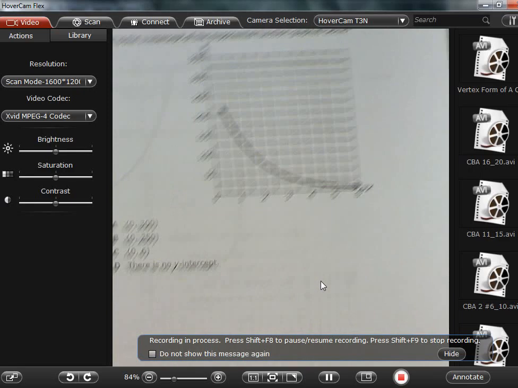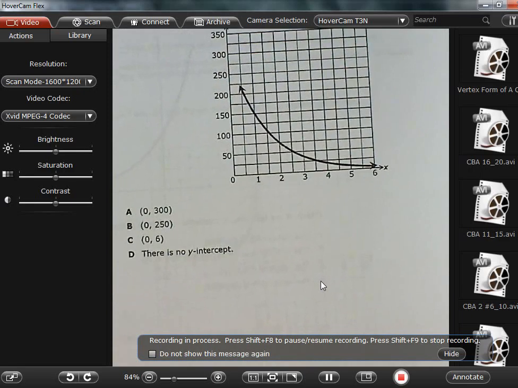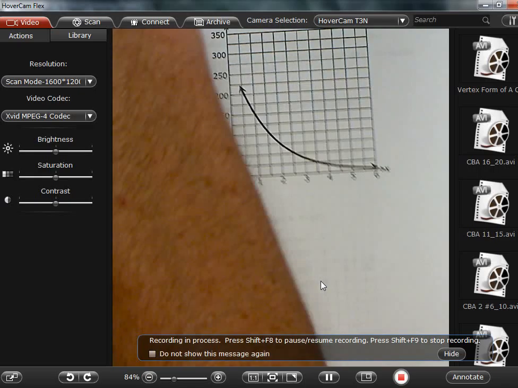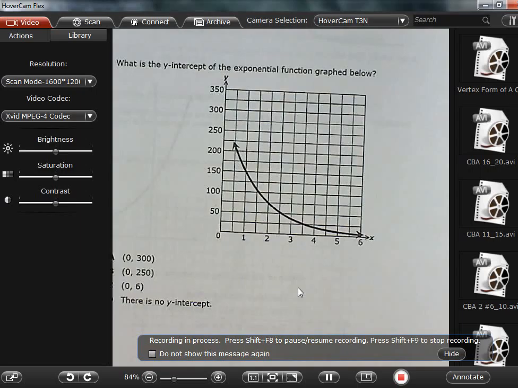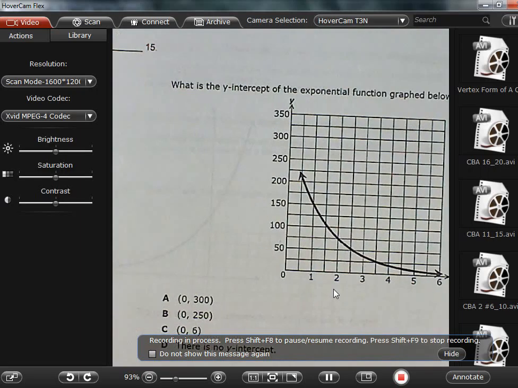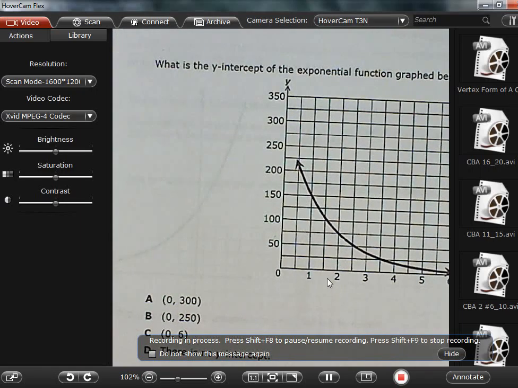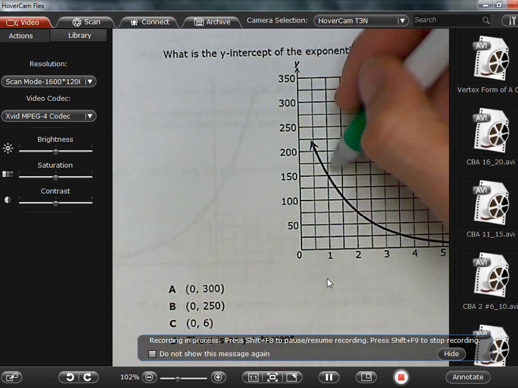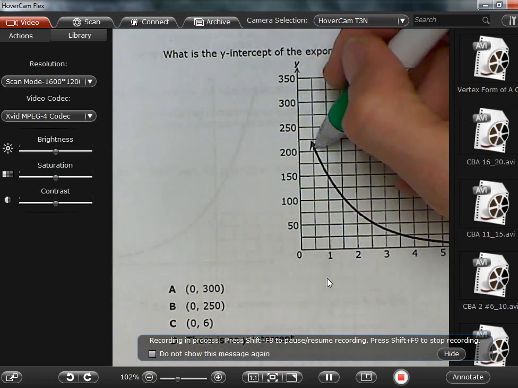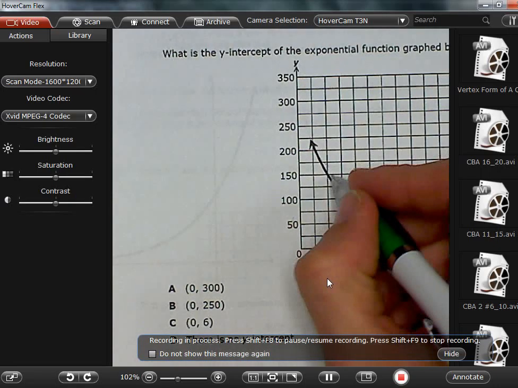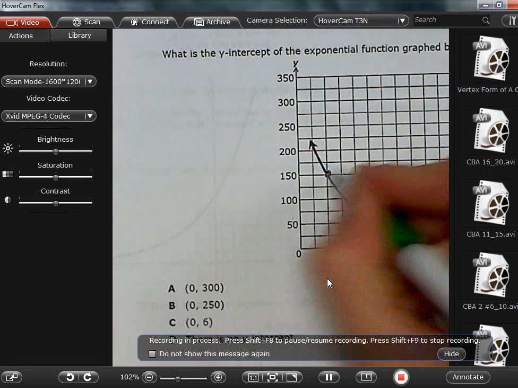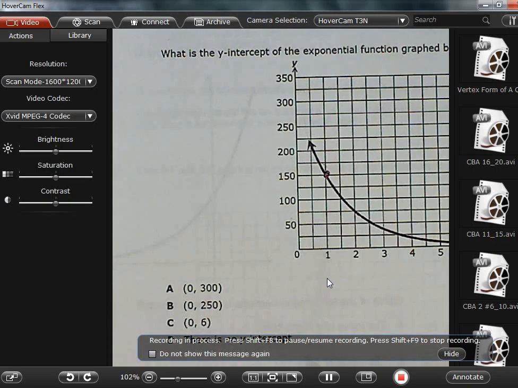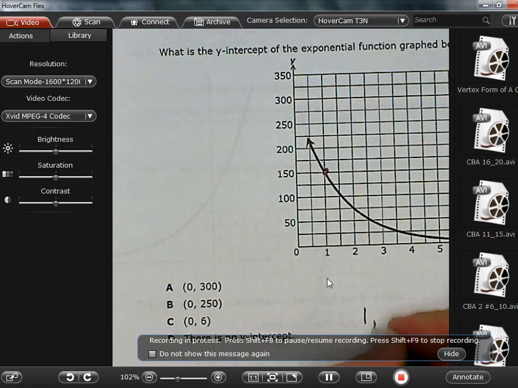Ooh, here's a tough one. It wants to know what the y-intercept is. Well, remember that exponentials continue to curve, so you're not going to be able to eyeball this guy. I need to get some points. I'm going to do this point right here because it is 1 and 150.